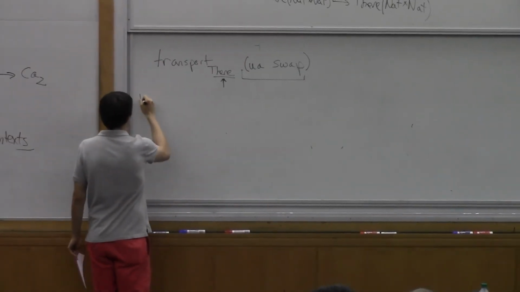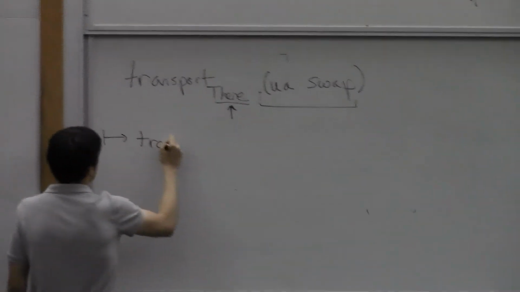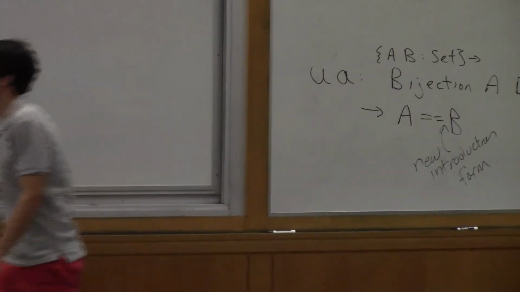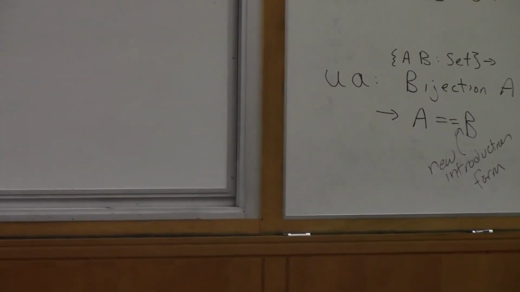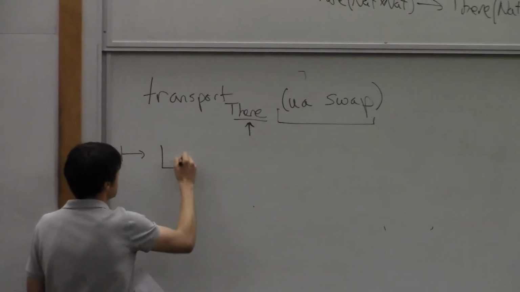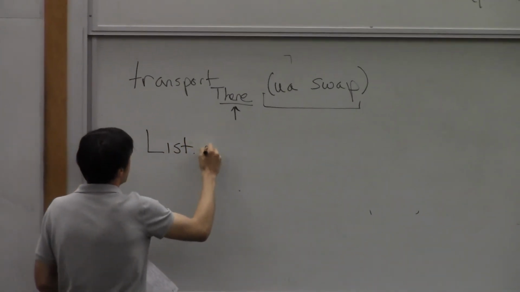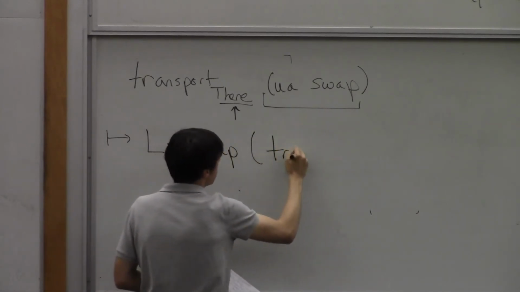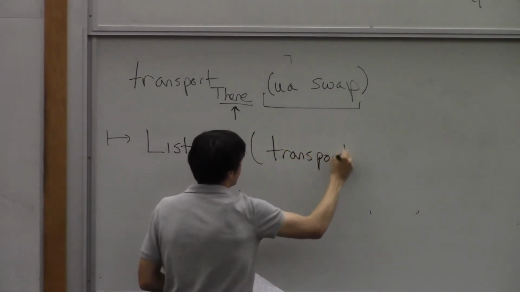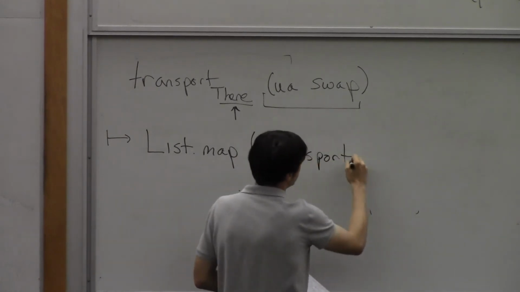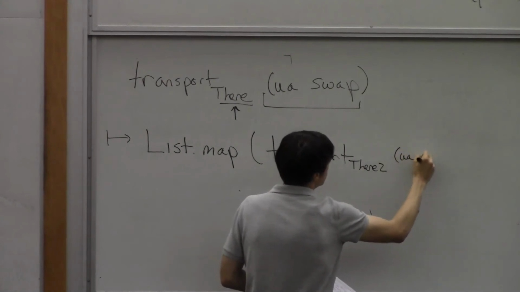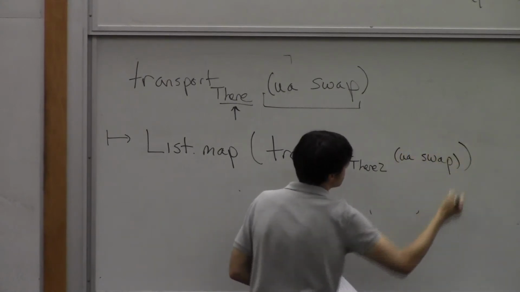And we'll have a rule that says if I transport and the outer type constructor is list, then that turns into list.map of transport at what I'll call var2 of UA swap, close, close.